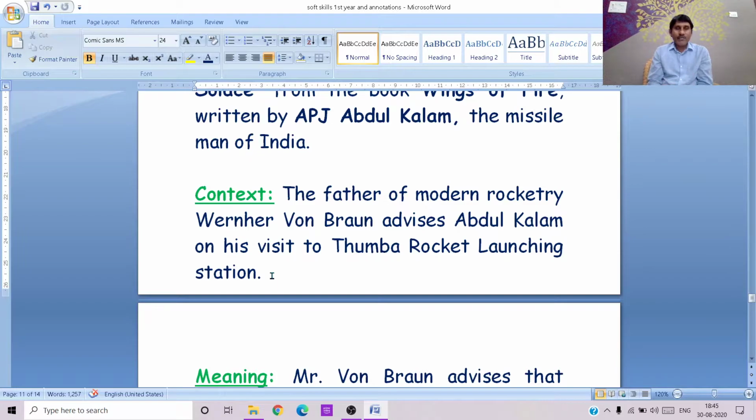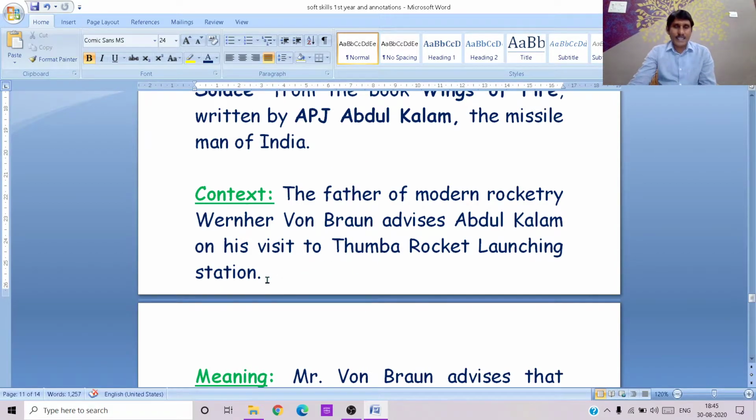So such was the greatness of Werner von Braun, who was very humble, though he was the greatest scientist. He gives an advice to Abdul Kalam on their journey from the airport to Thumba rocket launching station. That is the story in brief.